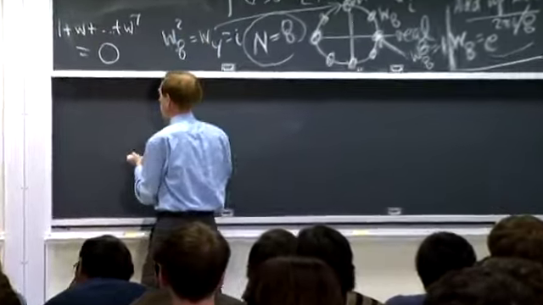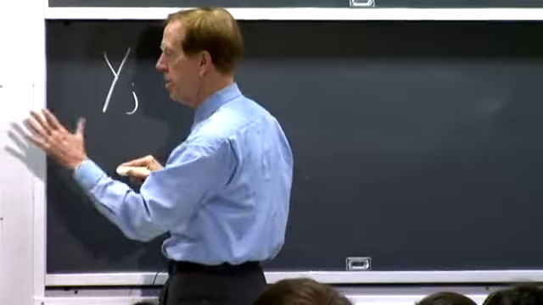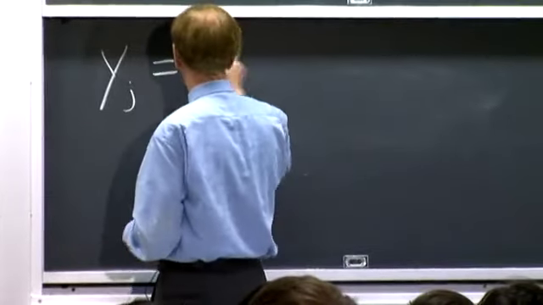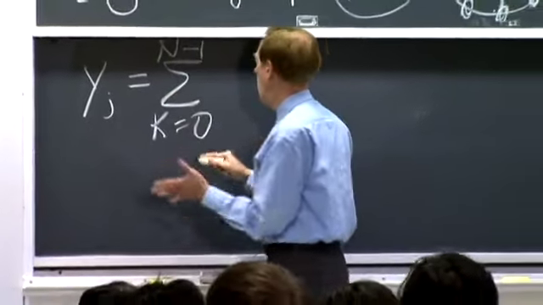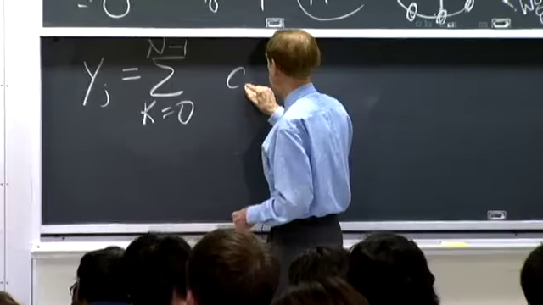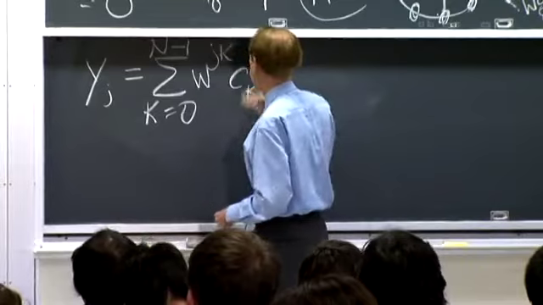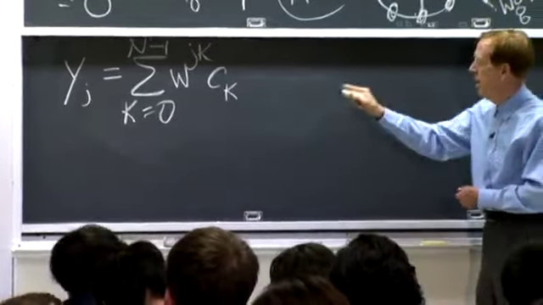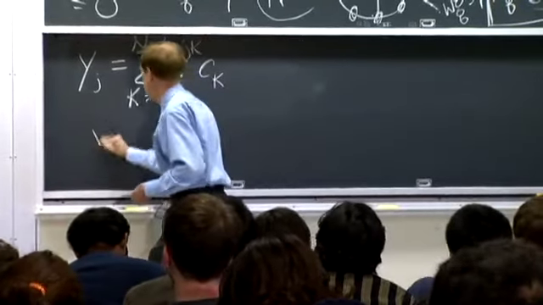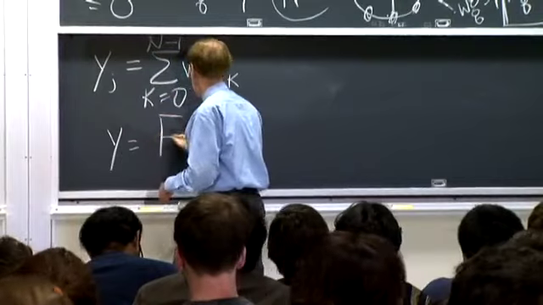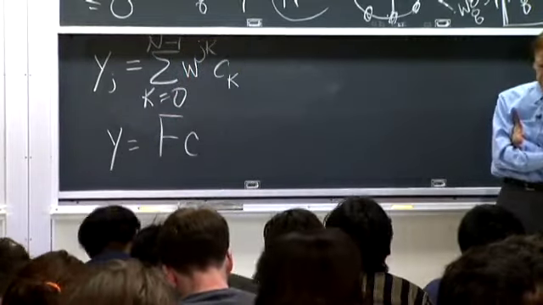The decent formula is that the jth y, because it's going to come in equation number j, will be the sum on k equals 0 to n minus 1 of c_k times w to the jk. Those are the entries. Those are the c's that are multipliers, and the y's are the outputs. Vector-wise, this is y equals Fc. Now we finally got a good notation.